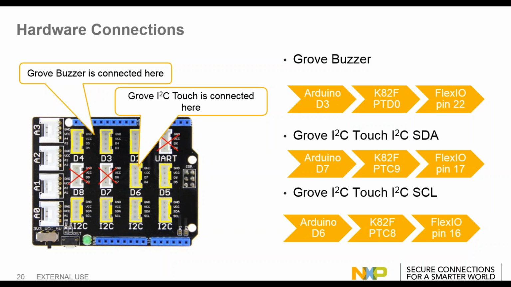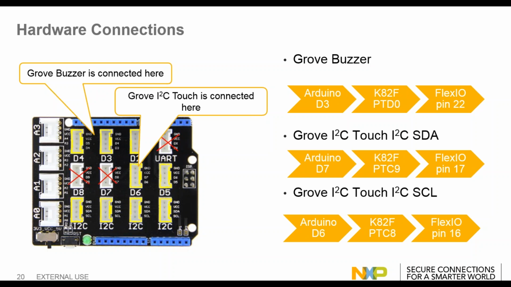I've already mentioned once before, D6 is not labeled as I2C. It is not the I2C bus for the Grove base shield, but because we have flexibility in the FlexIO to emulate functions like I2C on different pins, this is a great demonstration of that: even though these pins are not labeled I2C, using the FlexIO we can interface them as I2C pins.